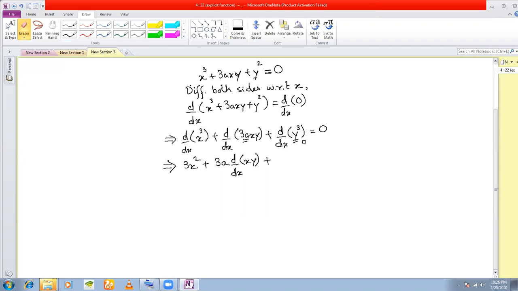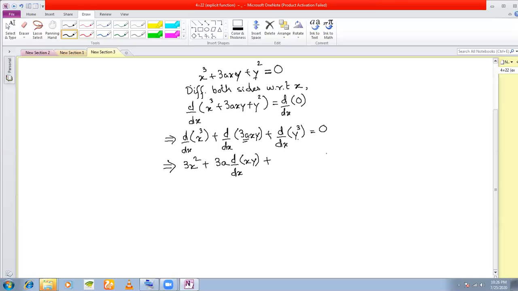It will not work. Can we take y as a constant? No, we can't. x and y are both variables, so we cannot take them as constants.